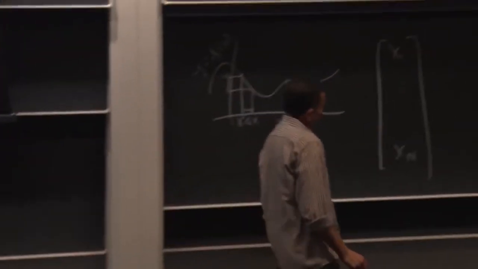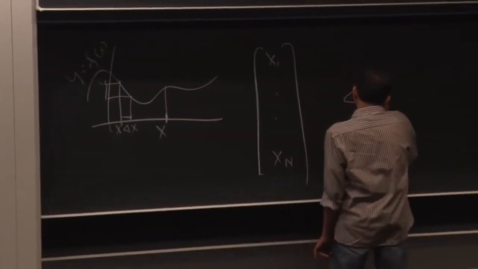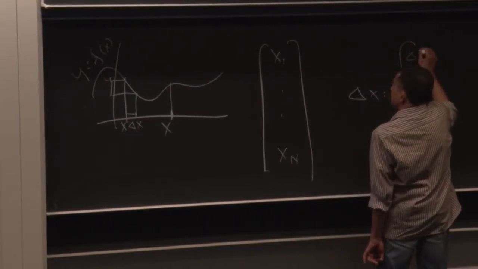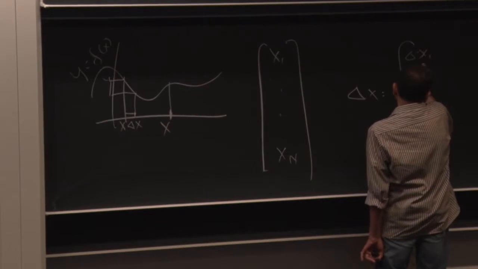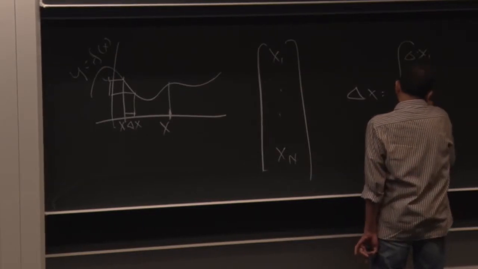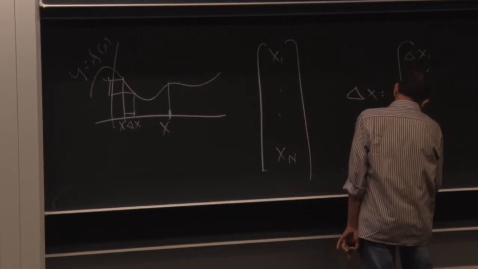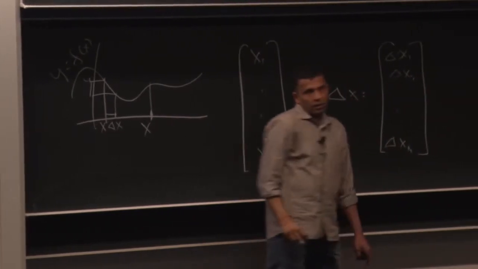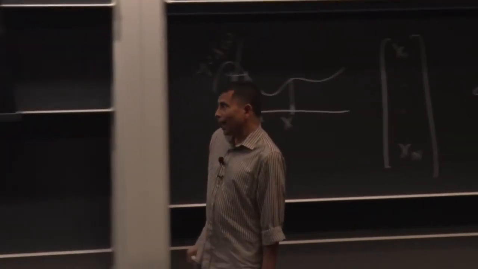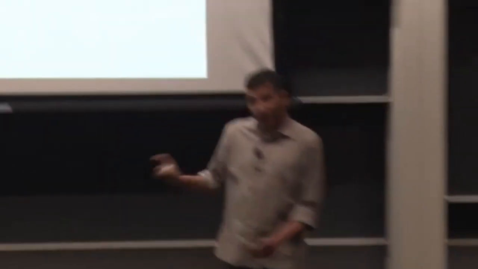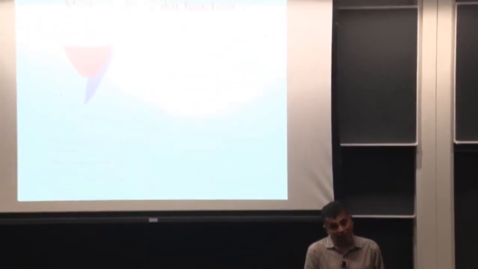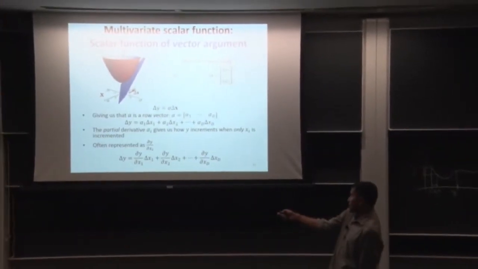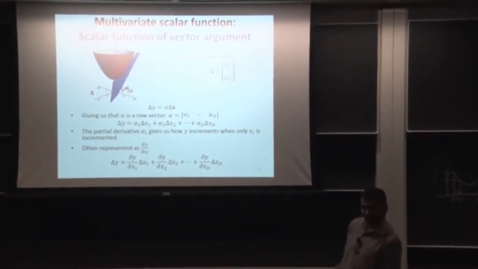So delta x is going to have the form delta x1, delta x2, all the way to delta xn. Right? And now, the way we define the derivative remains exactly the same. Here's delta y, here's delta x.